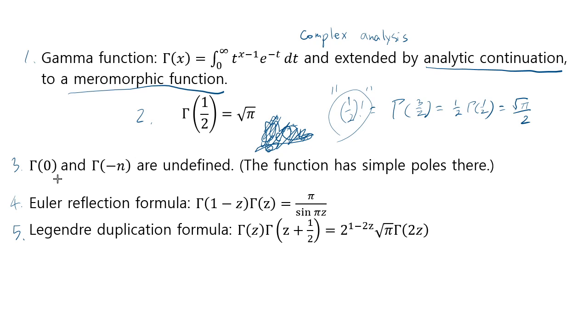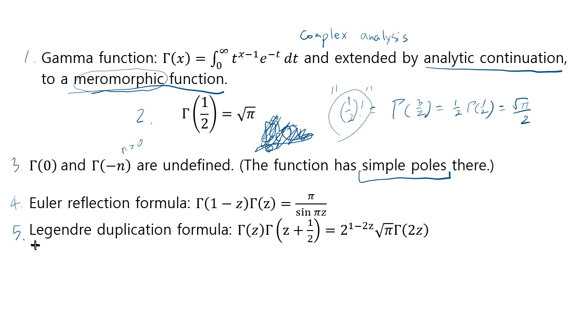Okay, number 3, unfortunately, even if you extend this into all complex values, this is what we call a meromorphic function. Meromorphic means that it has some values where the function value doesn't exist, and for gamma functions, it happens to be that at 0 and any negative integers, so here I'm assuming that n is positive, these are undefined, and it has something called a simple pole, which if you again took complex analysis you would understand, but if you didn't, don't worry about it.